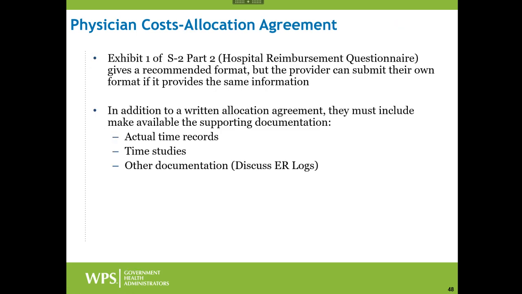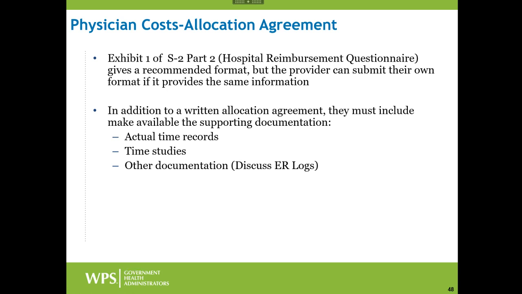There is Exhibit 1 of Worksheet S-2 Part 2, which is the Hospital Reimbursement Questionnaire. Some of you may know this as the old CMS Form 339, pre-2010. But this Exhibit 1 gives a recommended format, but providers can submit their own format as long as it provides at least that same information.